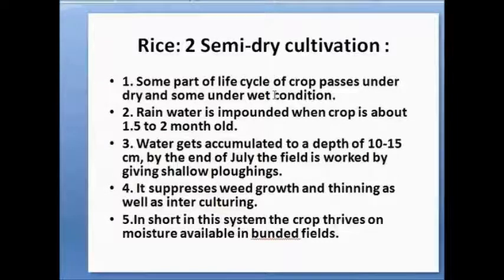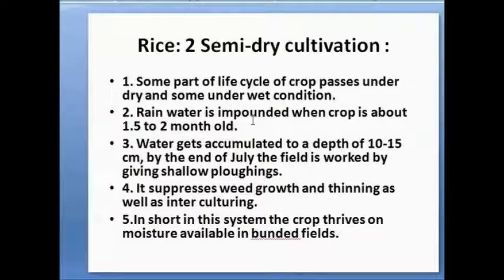So that is some part of rice life is in wet condition. Secondly, in this method rainwater is impounded when crop is about 1.5 to 2 months. And because of that, water gets accumulated to a depth of 10 to 15 centimeter by the end of July, and then shallow plowing is done.